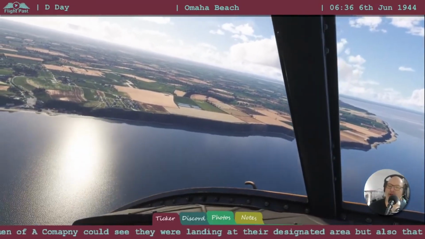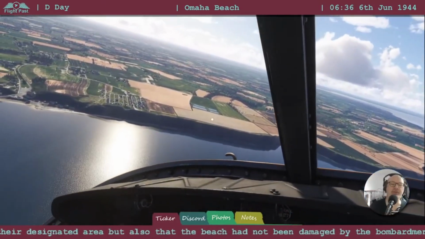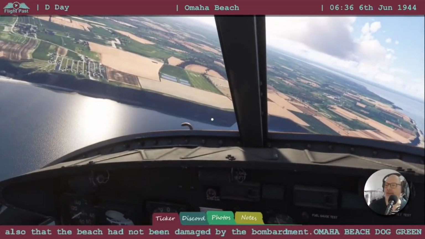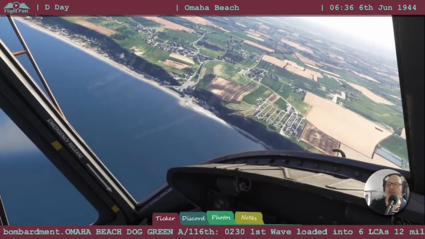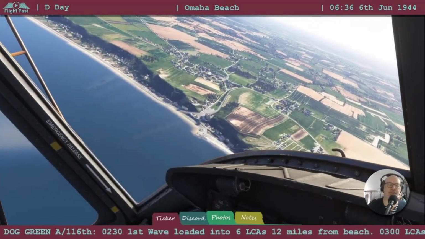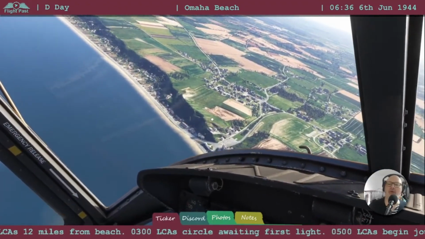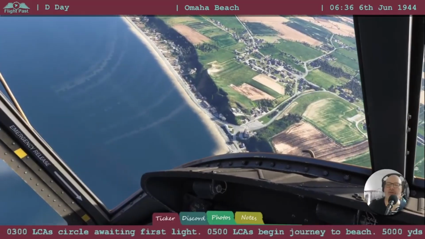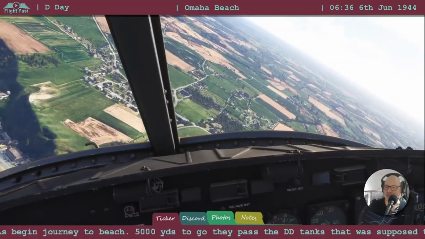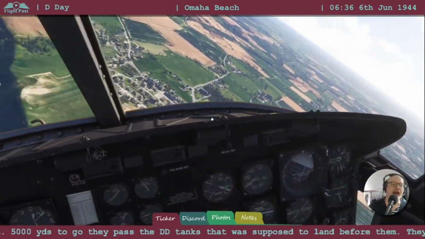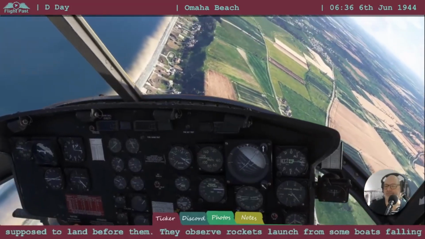The 116th is supported by 2 tank battalions, and these infantry regiments, by the way, had 3 battalions in them of around about 1,000 men each, and each battalion was then organized into 3 rifle companies of 240 men and 1 supporting company, or headquarters company, I suppose you could call it, of around about 190 men.